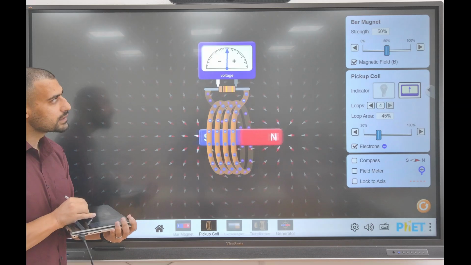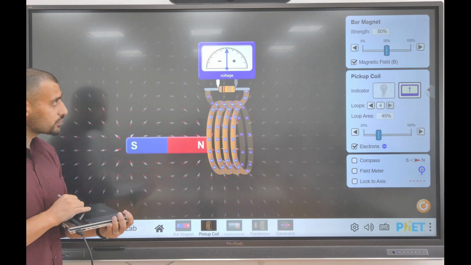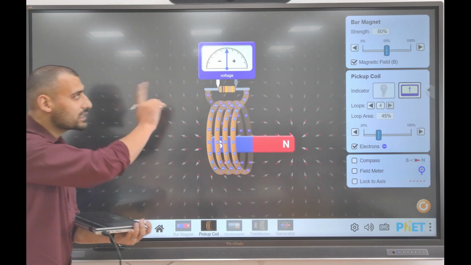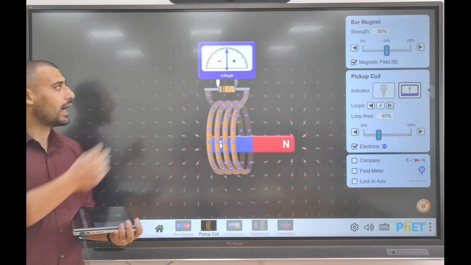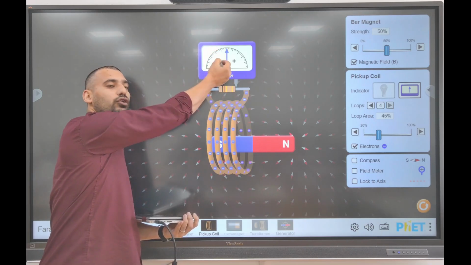More. See, the deflection is towards right when I am going back, and the deflection is towards left when I am going forward, isn't it? So the direction of deflection is also changing.